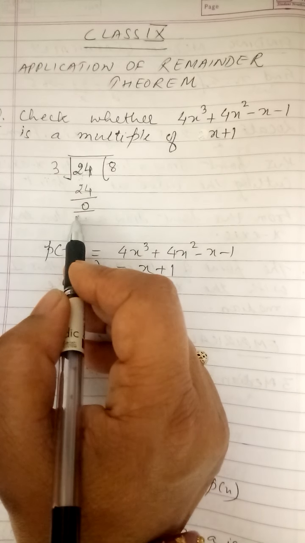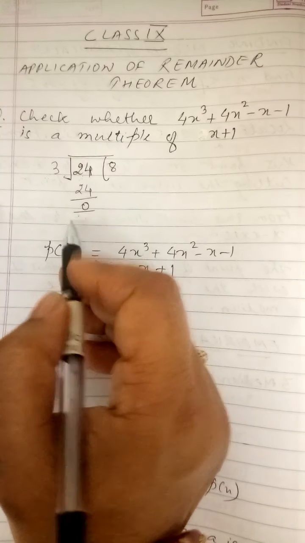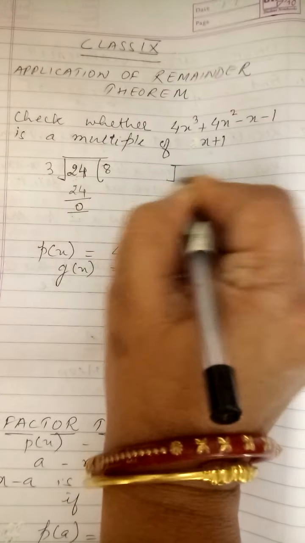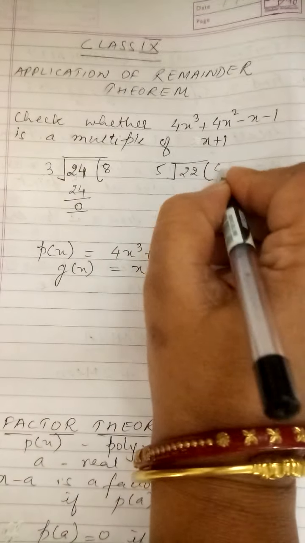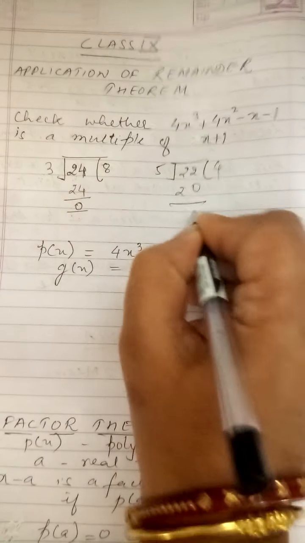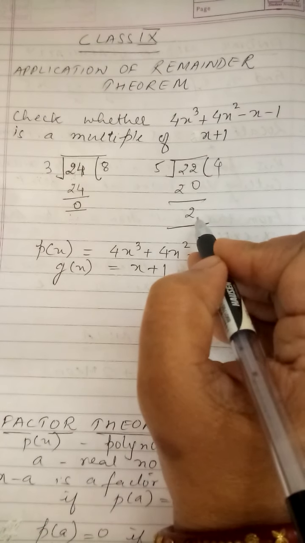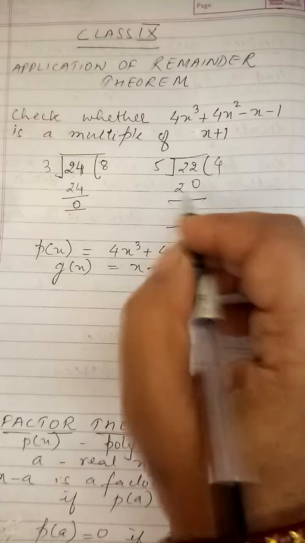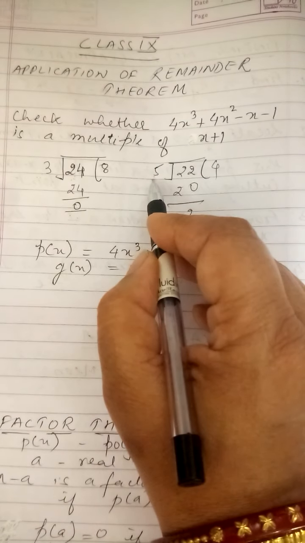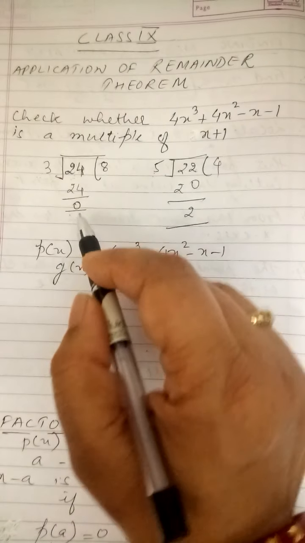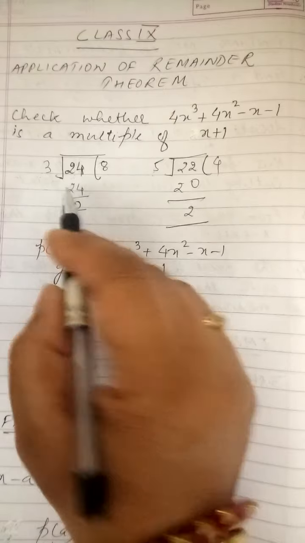If you do not get the remainder as 0, it is not a factor or a multiple. Like for example, if I take 22 divided by 5, 5 fours are 20, I get the remainder as 2. Now in this case, I did not get the remainder as 0. So obviously, neither 5 is a factor of 22 nor 22 is a multiple of 5. And always remember, factors are smaller and multiples are larger.